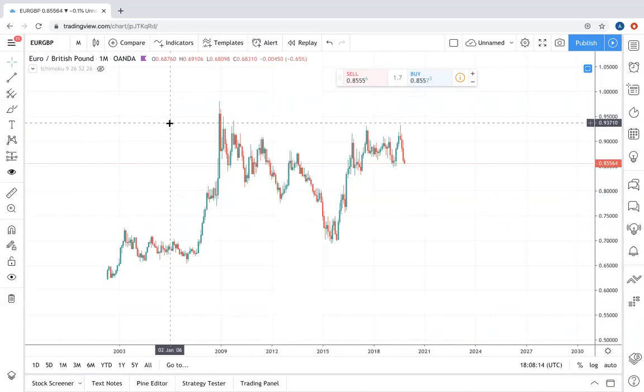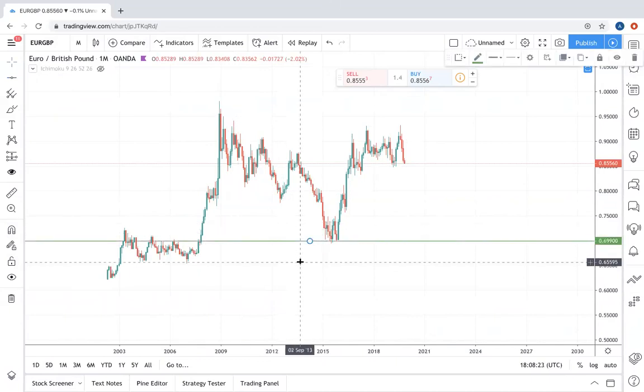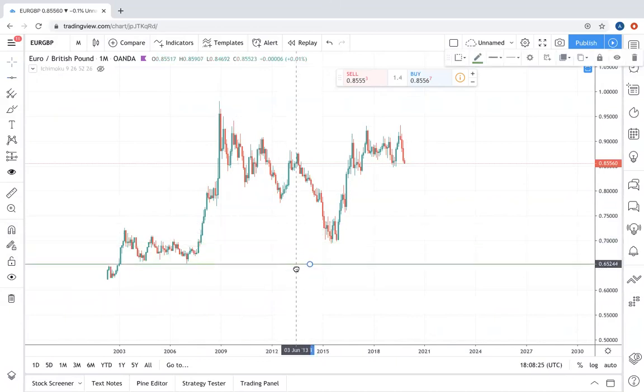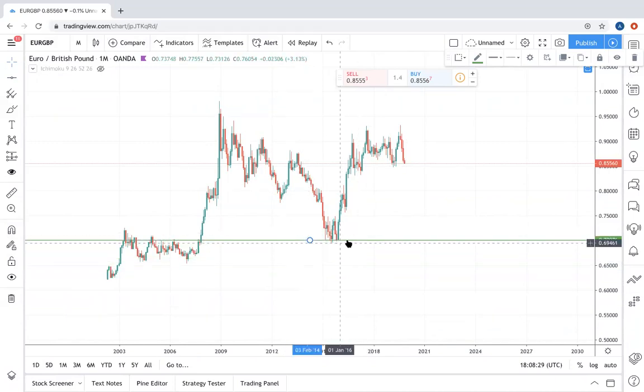So I start there, and then I'll put some support and resistance lines. I'm always going to put a support line here, and you could put it here too. It's just a guide for me, and I'm putting it here because this is my most current low, where I'm circling with the cursor.